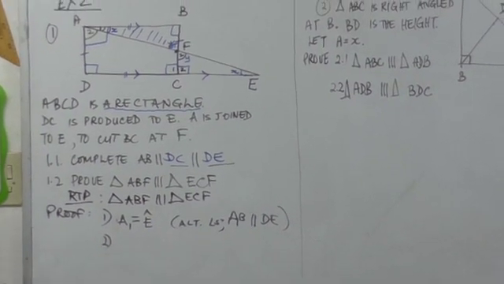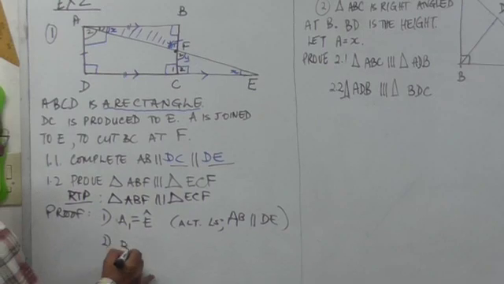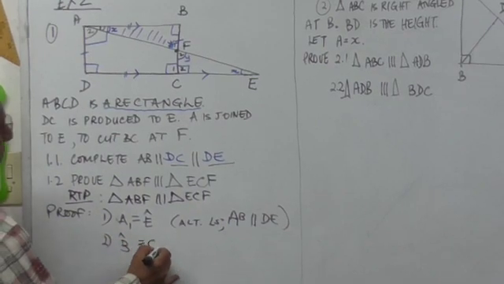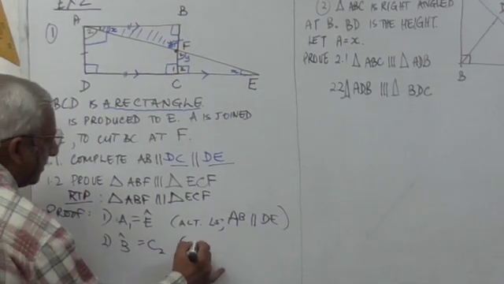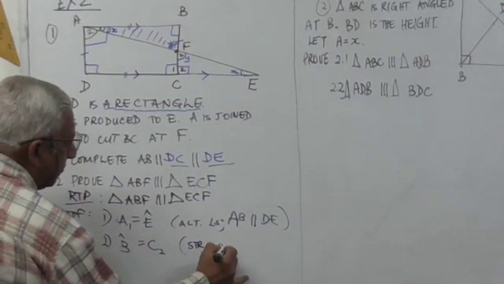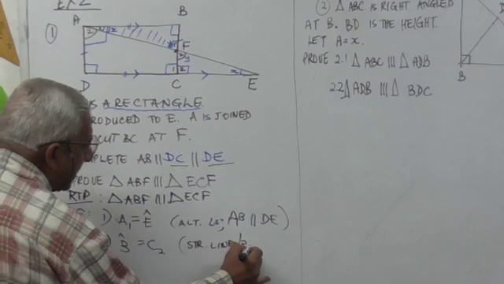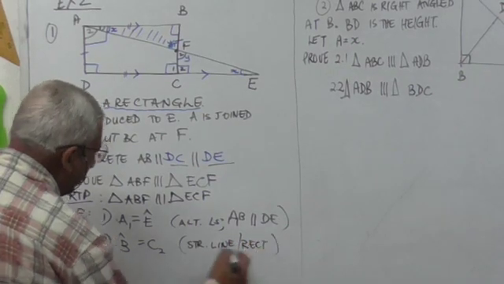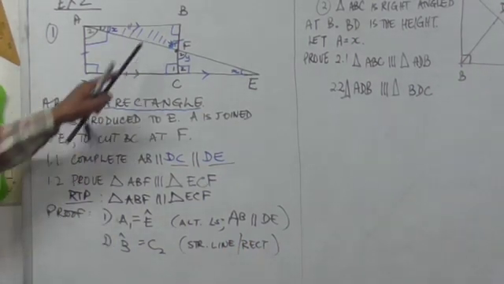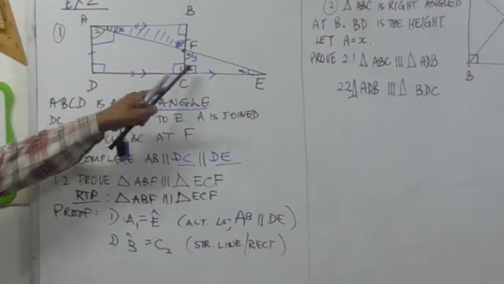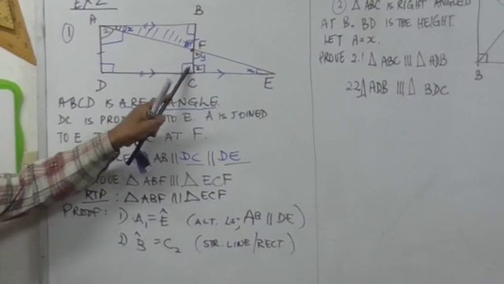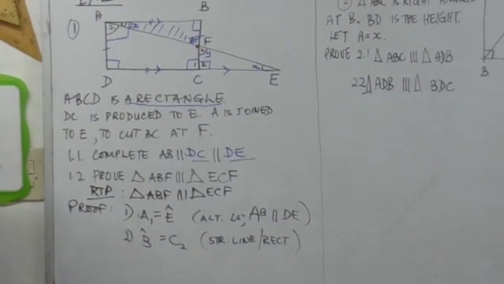And number 2, angle B is equal to angle C2. Reason? Straight line and rectangle. Let's explain. B is 90 because of rectangle. C2 is 90 because of a straight line. This is 90, therefore that would be 90.